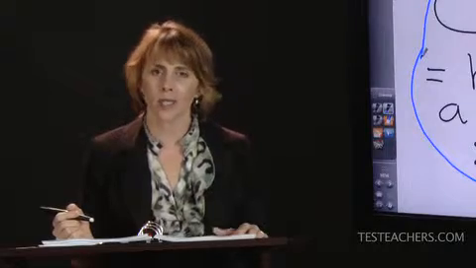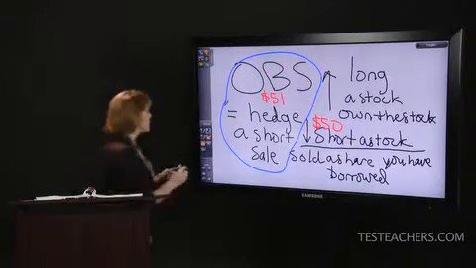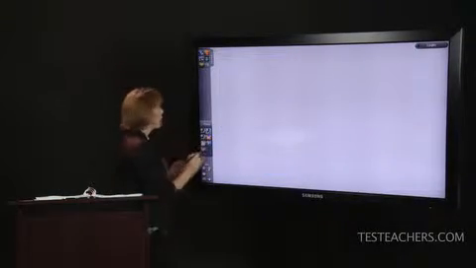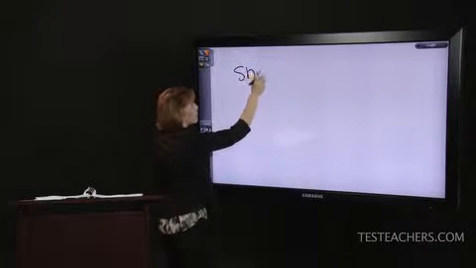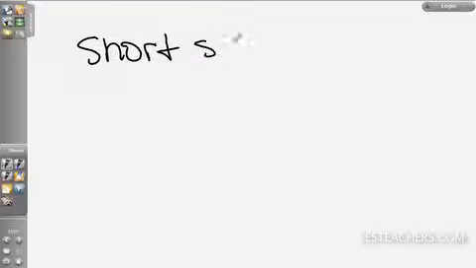Something else that the test will like about short sales is the fact that they can only be done in a margin account. Short sales must be done in a margin account.